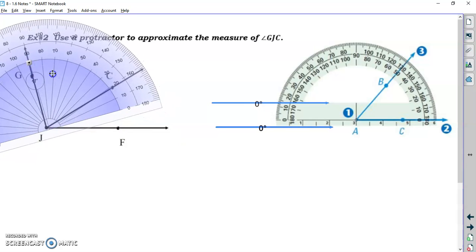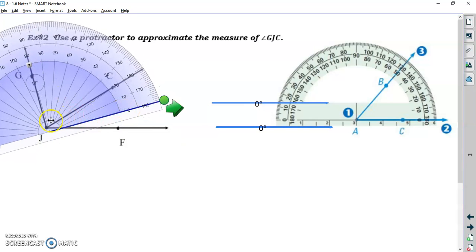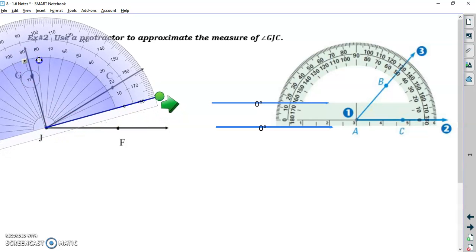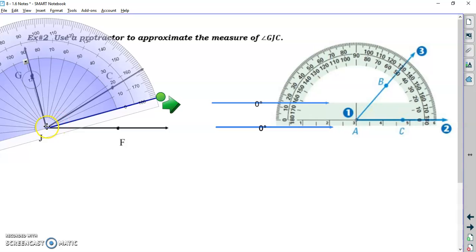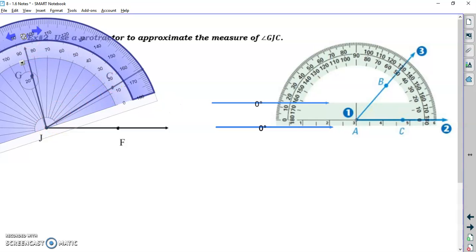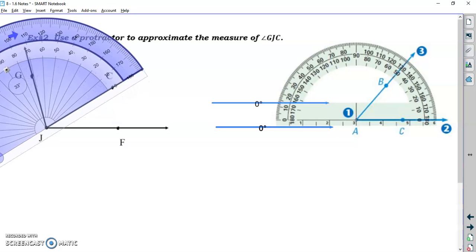So we're going to take the protractor and line this bottom line up with one of our rays. So I'm going to line it up with ray JC. So we have the circle on our vertex, and then we have this lined up with one of our rays.